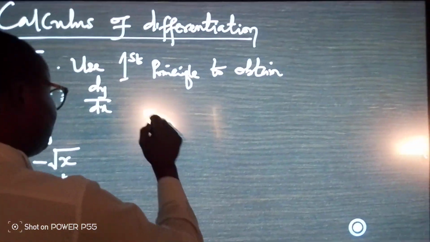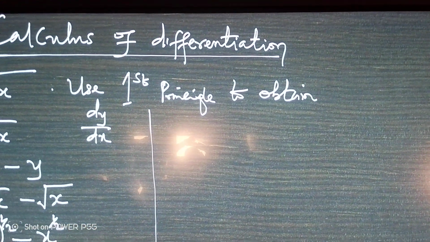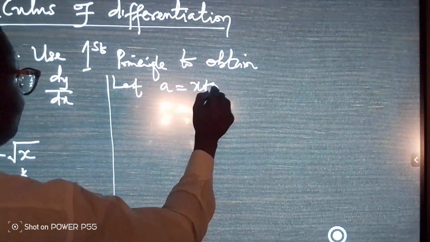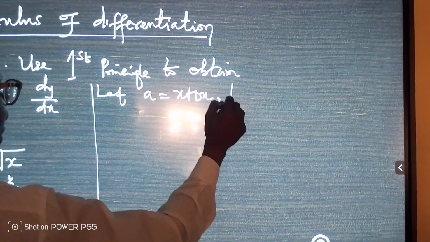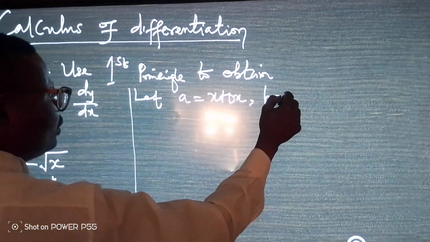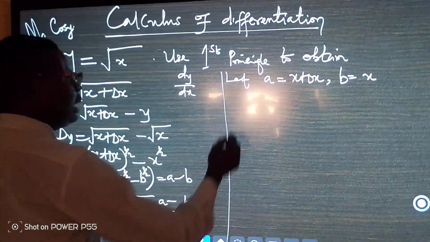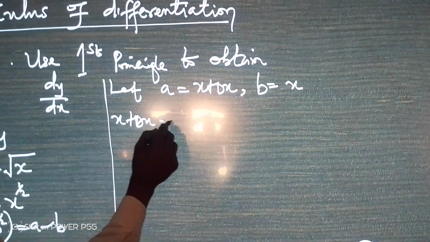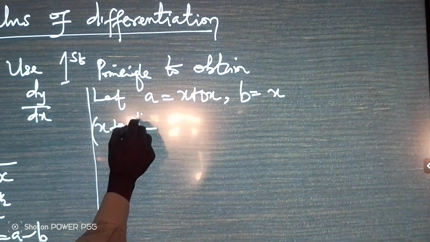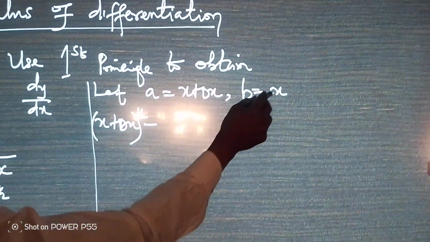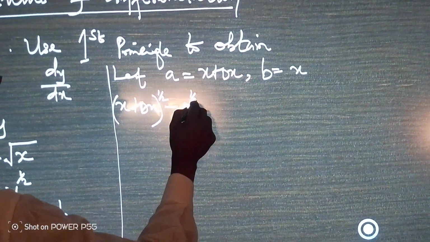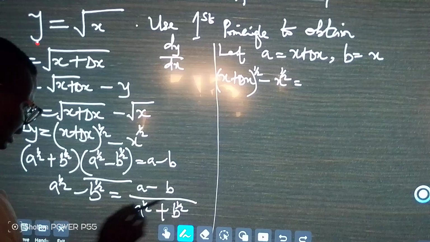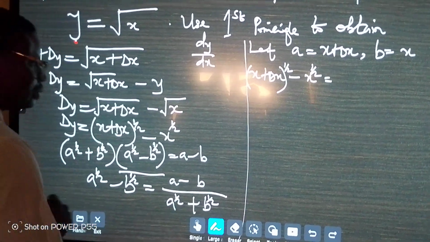So let's come to this place and say let my a equal x plus dx, and then let my b be equal to x. And if I have (x plus dx) raised to power half minus b, which is x raised to power half, we know the expansion is going to give me a minus b divided by a raised to power half plus b raised to power half.